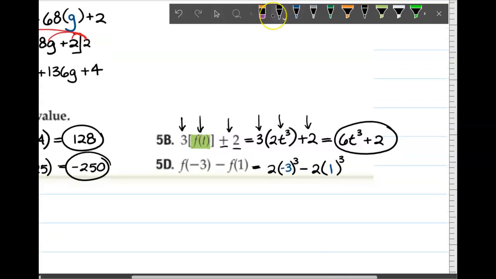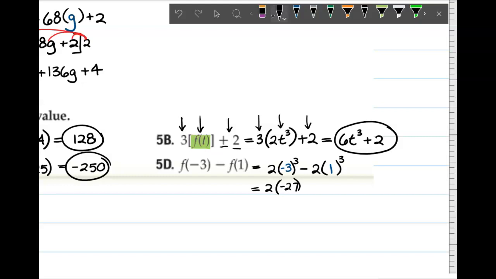And then we simplify. 2 times -3 cubed is -27. 2 times 1 cubed is just 1. So -54, take away 2 is -56.